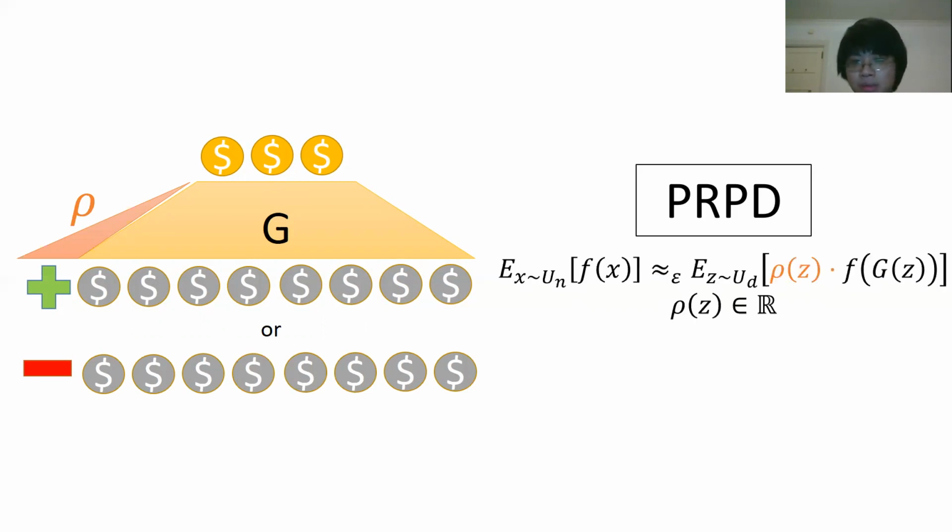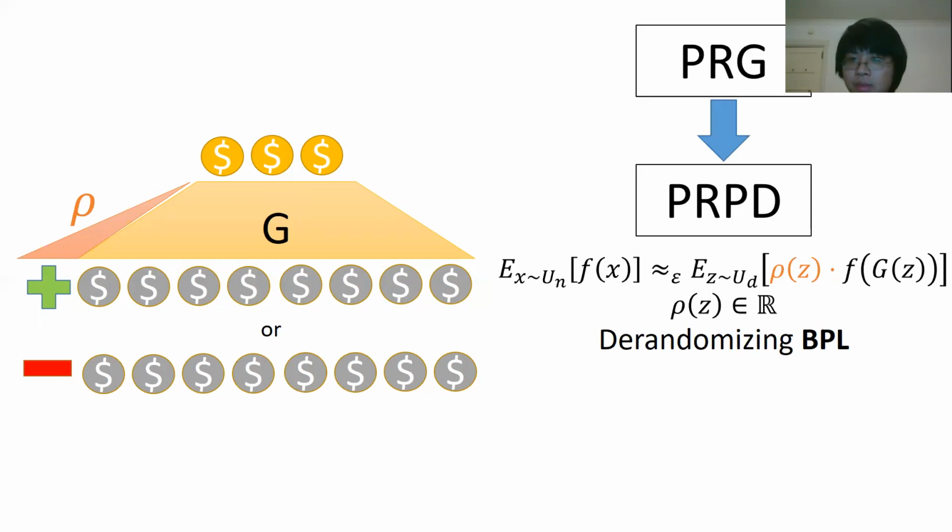And with the pseudorandom pseudo-distribution, we can also approximate the expectation of F. So this is also suitable for derandomizing BPL, which is stronger than a hidden set generator, which is only for RL.